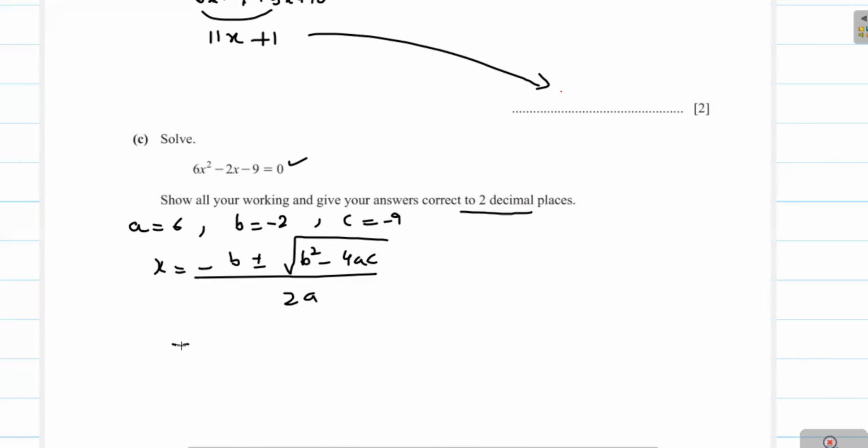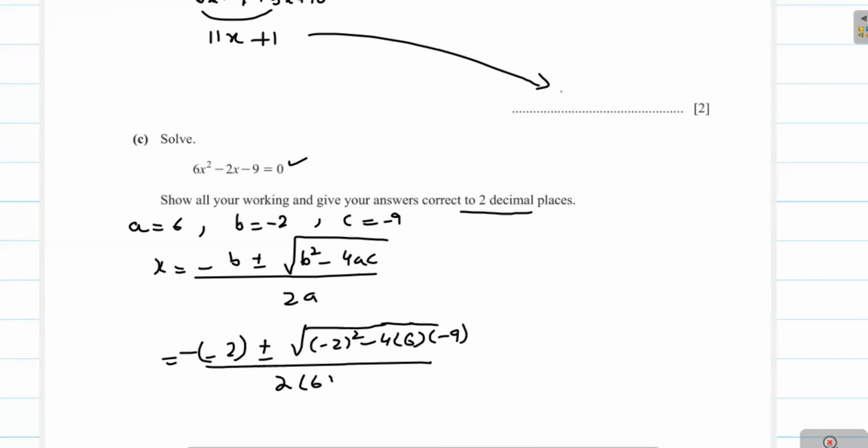Now we substitute the values here. Here b is minus 2, and we write plus minus as it is. B square, minus 2 whole square, minus 4 times a is 6 into c is minus 9, all over 2 times a, 2 into 6.